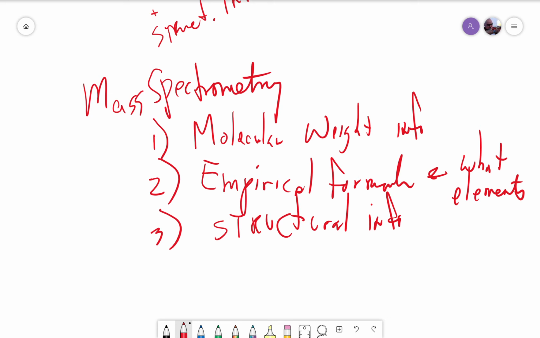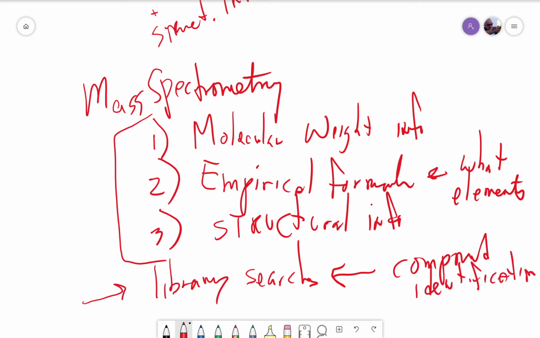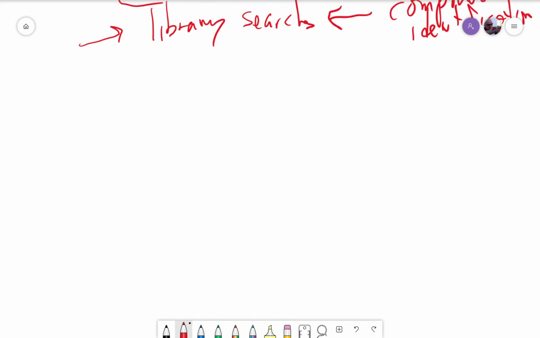Because of the uniqueness of the information provided by mass spectrometry, we will also see that we can do library searches, which can actually identify the compound. This is the purpose of the mass spectrometer.